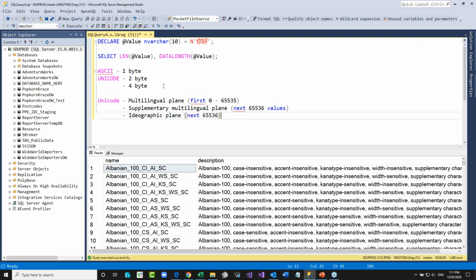Because we have 4 bytes potentially, in fact, we could have 65,536 different planes, each of 65,536 characters. Now, we don't need that, right? But they also have things like private use planes and so on.